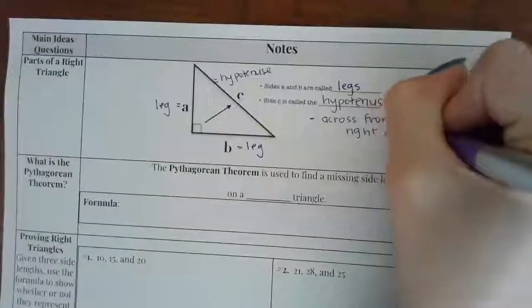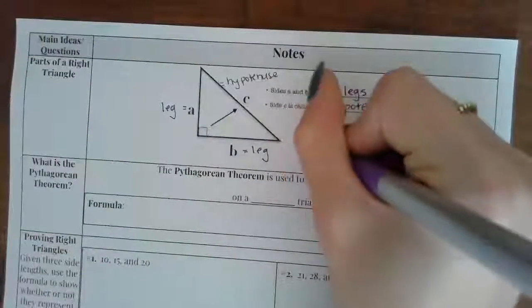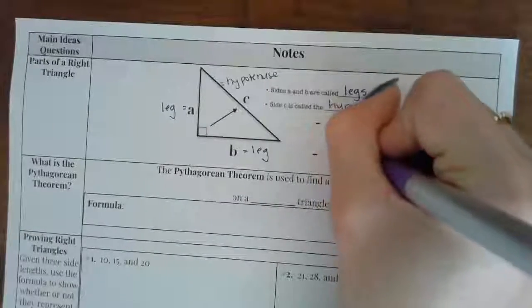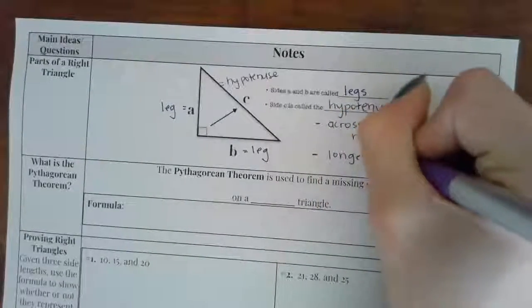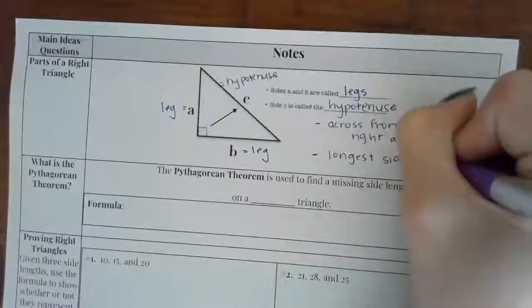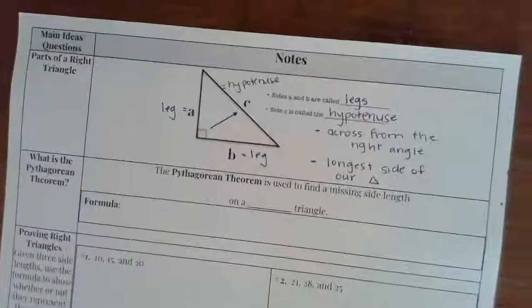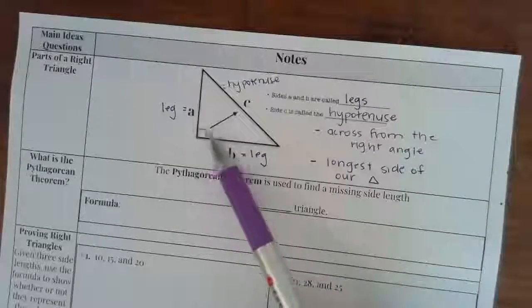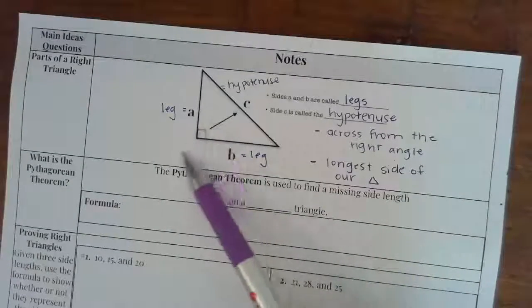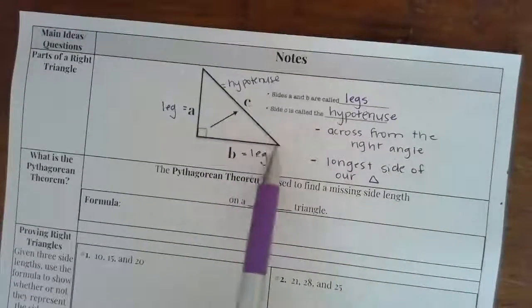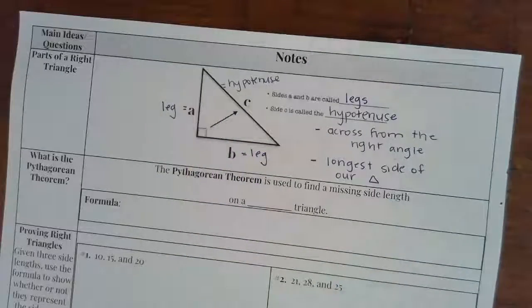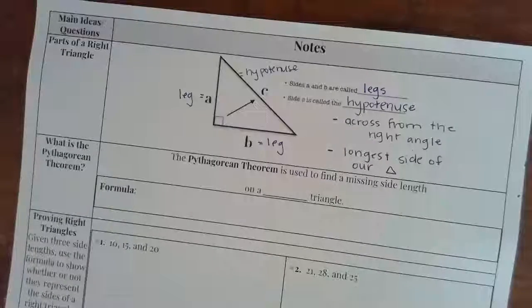All right? And the hypotenuse also is always going to be the longest side of our triangle, okay? So the hypotenuse, it's across from this little square, which we call the right angle, and it's also going to be our longest side.